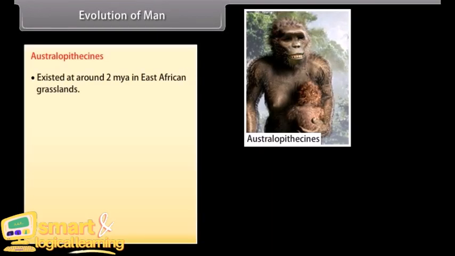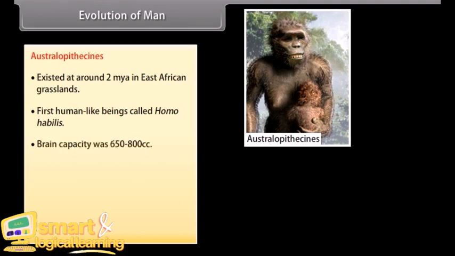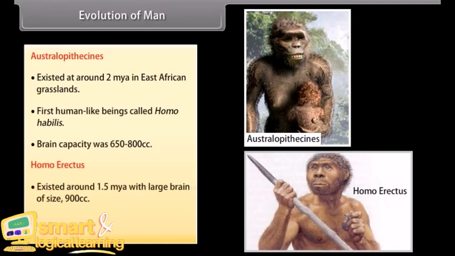Australopithecines existed at around 2 million years ago in East African grasslands. First human-like beings called Homo habilis. Brain capacity was 650 to 800 cc. Homo erectus existed around 1.5 million years ago with a large brain of size 900 cc, ate meat.